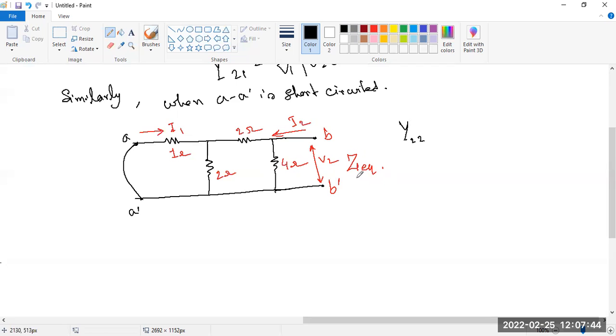Z equivalent. Y22, we know, is I2 by V2 when V1 is 0.